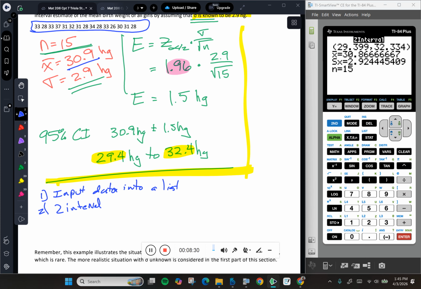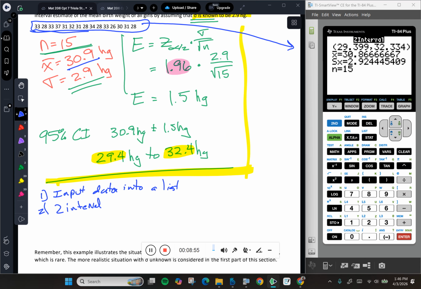When I put in the data set into the calculator, look at the X bar that it's using. It's 30.8666. So that 30.9 was a rounded value. And because it was a rounded value, it was going to make this answer be slightly different.